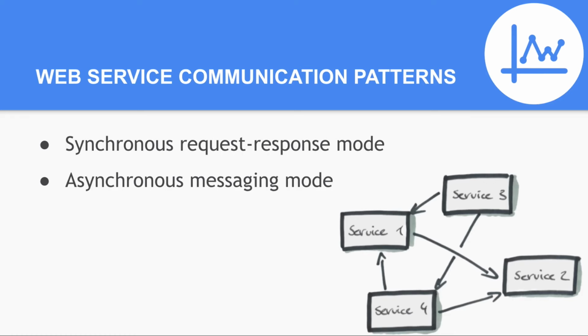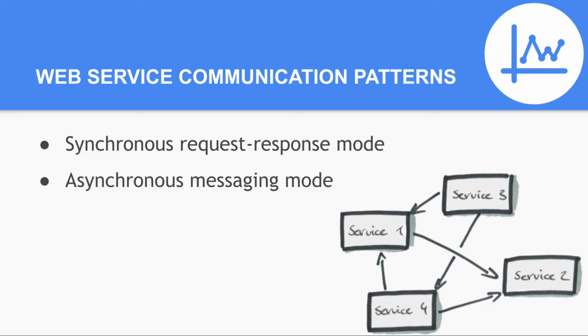Before we go any further, let's look at the types of communication patterns between web services. Basically, there are two types. The first type is Synchronous Request-Response mode. This mode is used when the requester expects an immediate response.